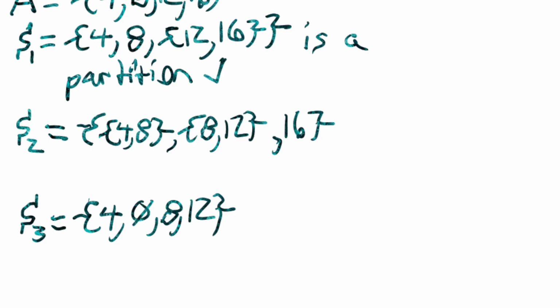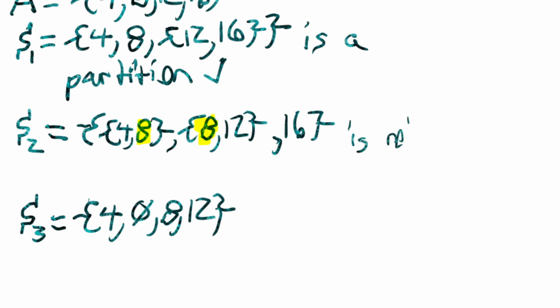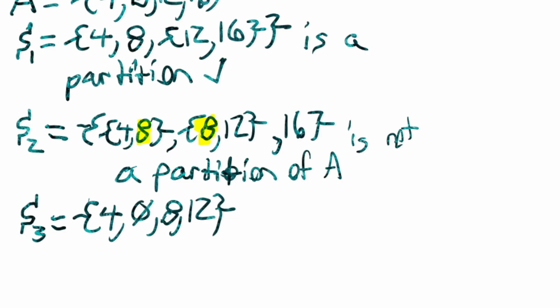important thing to look at is that we have a repeating element of 8, so set S2 is not a partition of A. Let me correct my wording up here, of A. Because we cannot have repeating elements.